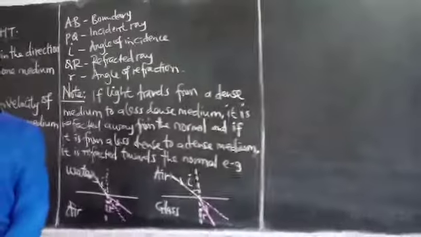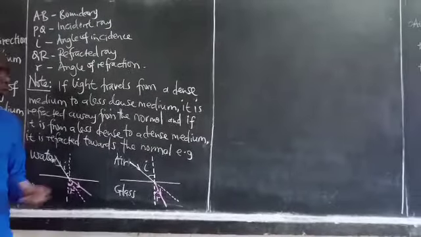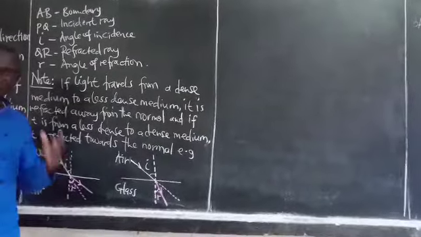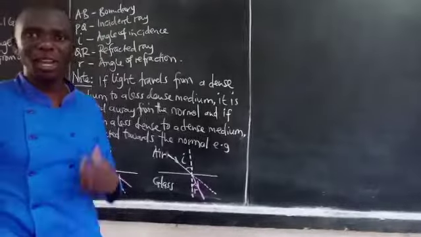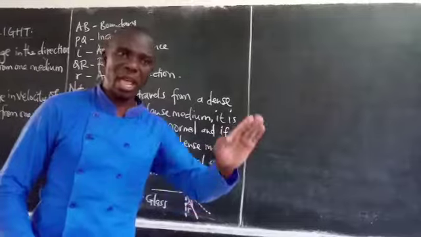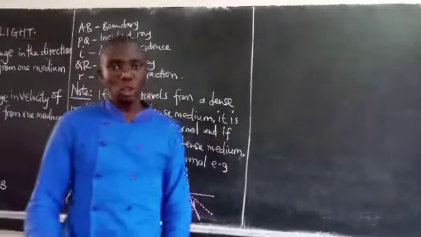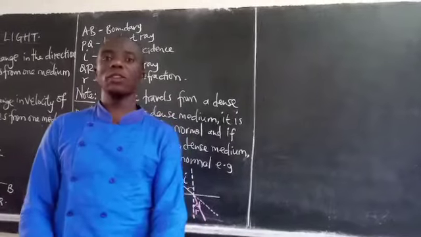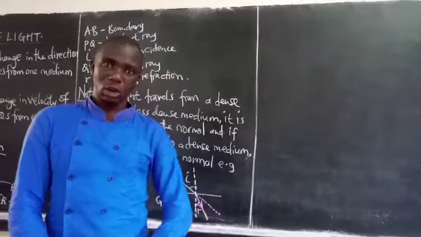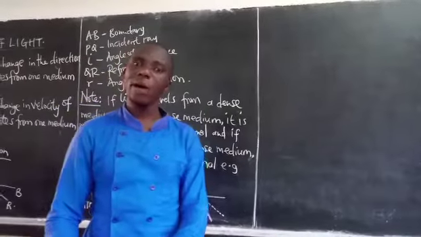This is very important because we shall continue using the same things: light, if it is traveling from a dense medium to a less dense medium, will be refracted away from the normal. If it is from a less dense to a dense medium, it is refracted towards the normal. From dense to less dense, away.